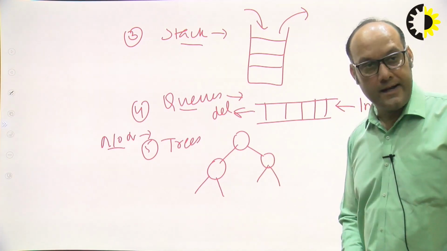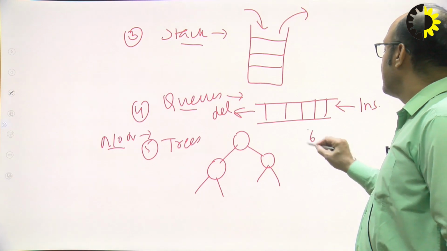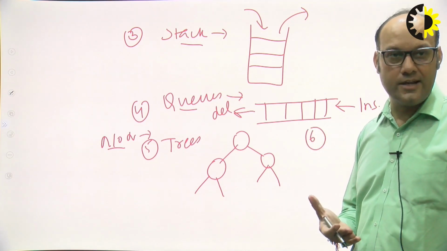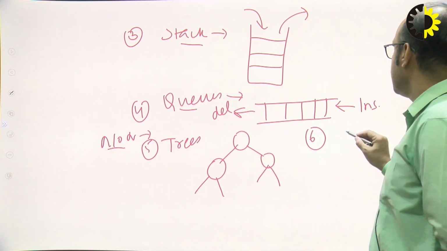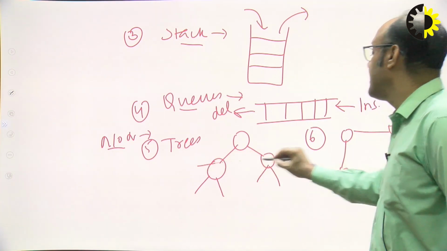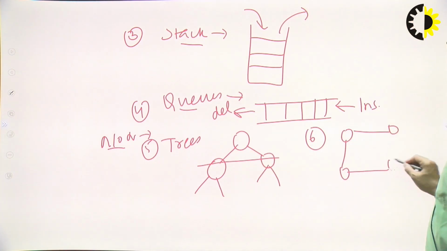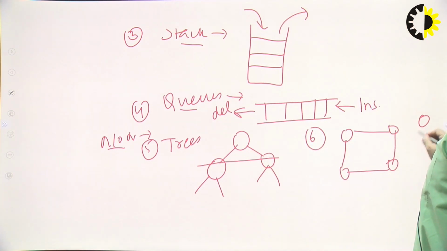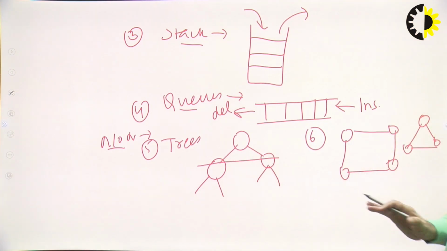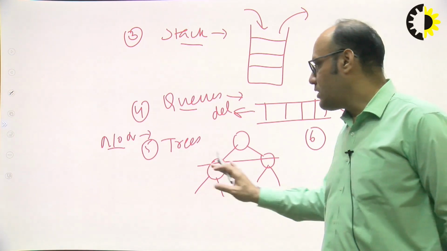And graphs: you have studied certain circuits in electronic and electrical engineering, which represent a graph. That also follows some structure, but no hierarchy is there, no linearity is there. So these are non-linear data structures.